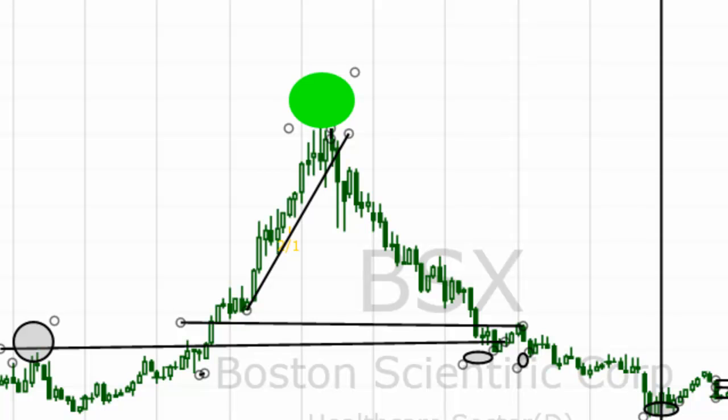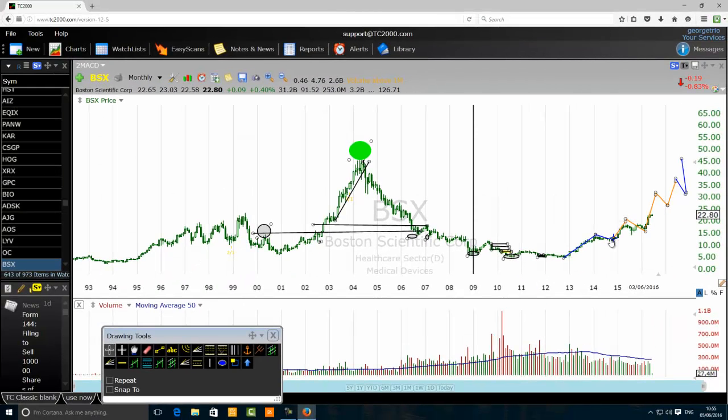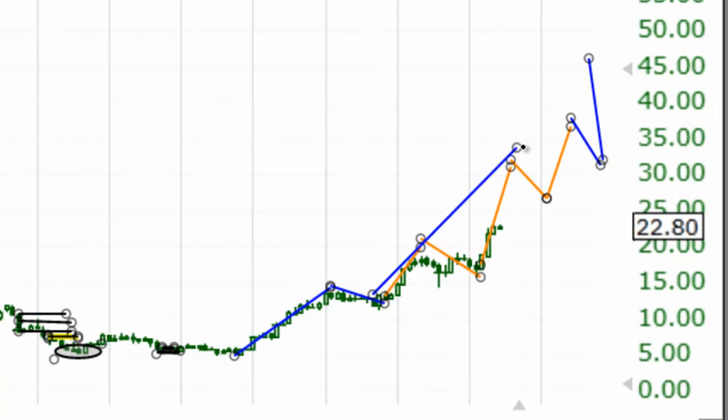With the information that we have now, this is what I think is likely to take place. First wave, second wave, and the third Elliott wave from here all the way up here, followed by the fourth wave and the fifth wave ending exactly here.